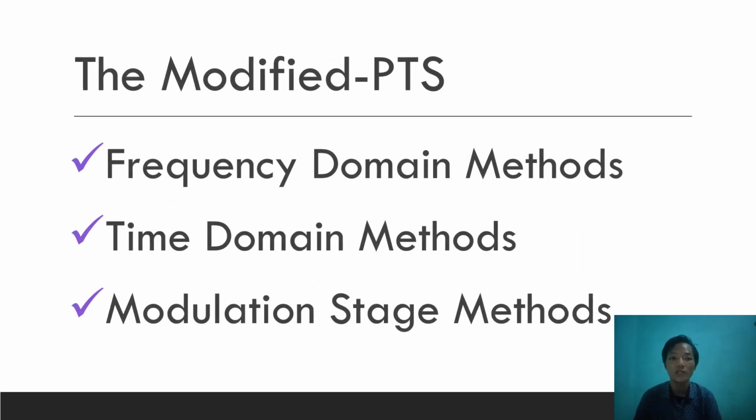The modified PTS methods are reviewed in three aspects, depending on the original PTS structure: the frequency domain methods, time domain methods, and modulation state methods. On the other hand, the computational complexity reduction ratio, or CCRR, is adopted to measure the reduction ratio of the various modified PTS methods compared to the conventional PTS method.